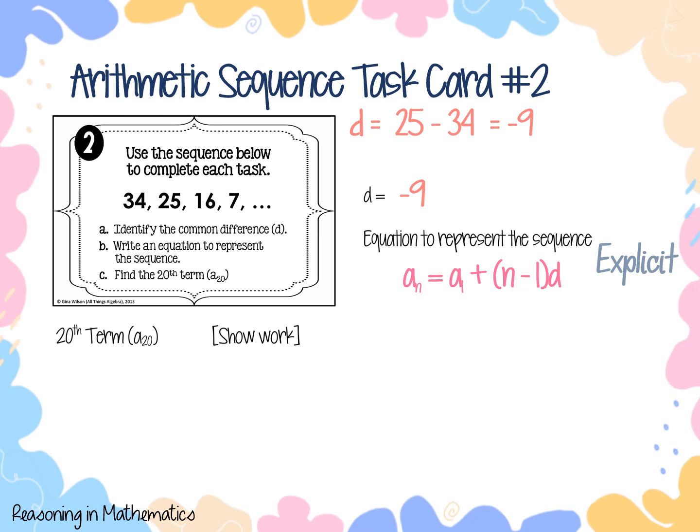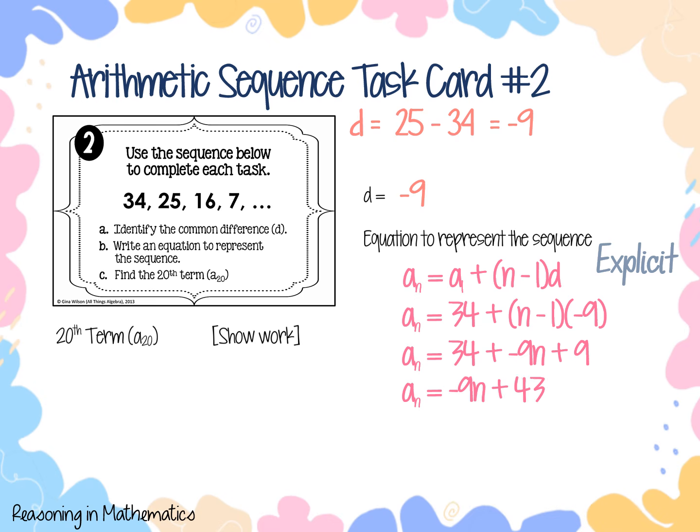We're going to plug in our initial value and our common difference. So 34 goes in for our initial term, and negative 9 is our d. We need to simplify this by distributing the negative 9 to that quantity n minus 1. We get 34 plus negative 9n plus 9, combine like terms.